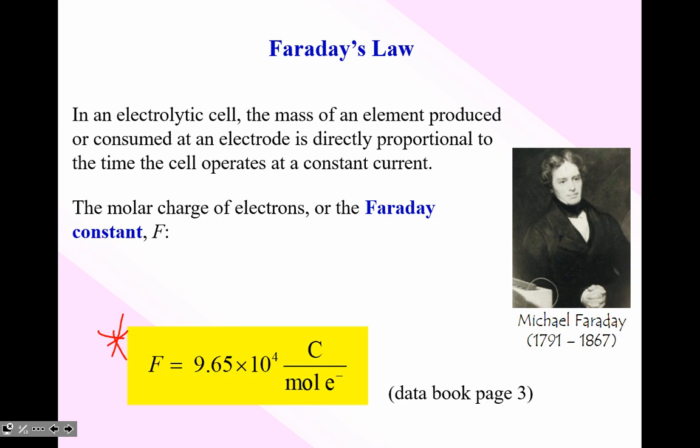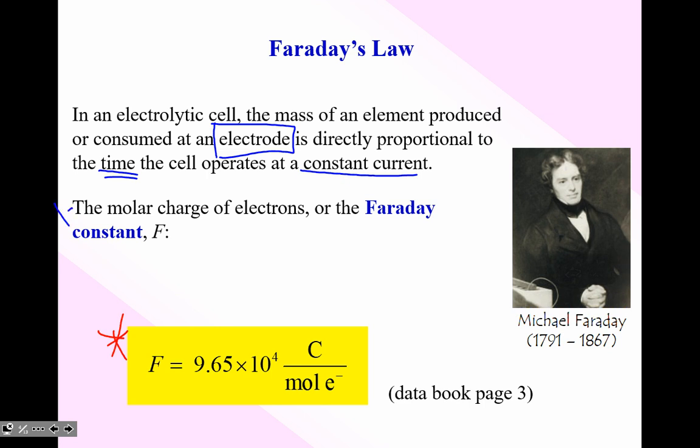So the law states, in an electrolytic cell, the mass of an element produced or consumed at an electrode, so we know that at any particular electrode you're either producing mass or breaking it down, is directly proportional to the time. So the more time that goes on, considering that there's a constant current, there's no change in current, the more time is allowed for this reaction to occur, either the more a metal is going to be produced at one of the electrodes, or the more one of the electrodes is going to break down and form ions. So it depends on which direction you're looking at, but that's okay.